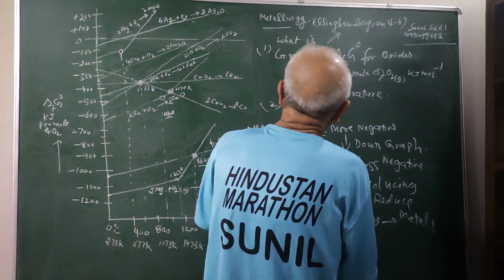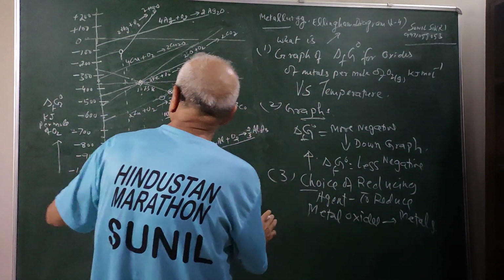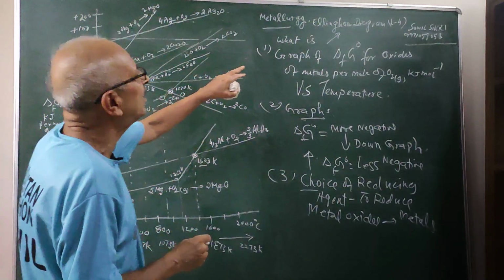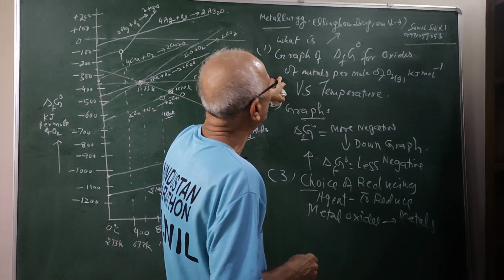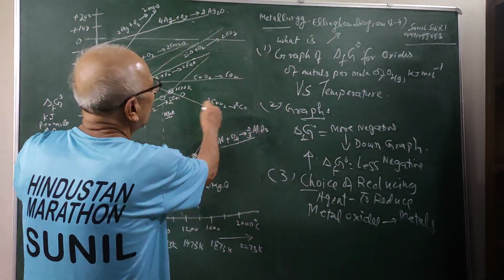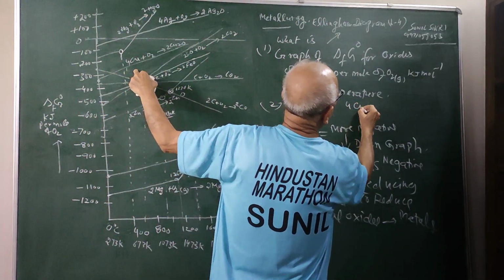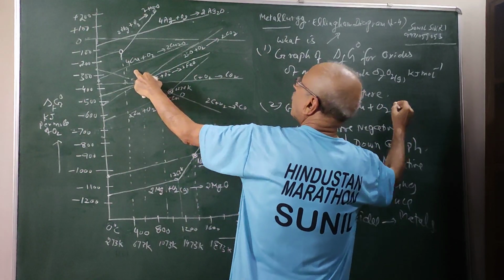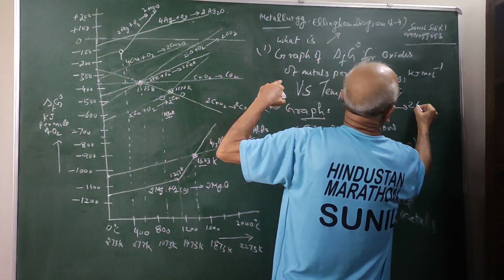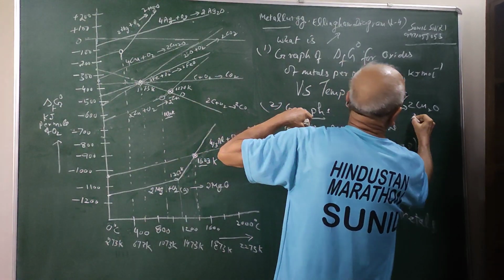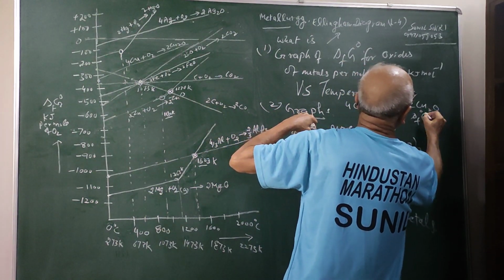Because, I hope you have noted this point down, the Ellingham diagram is a graph between delta G0 values for the formation of oxides of the metals, as I have shown here. For example, here copper is reacting with oxygen to form 2Cu2O. So this is an oxide of copper, and we are plotting the delta G0 values for this.